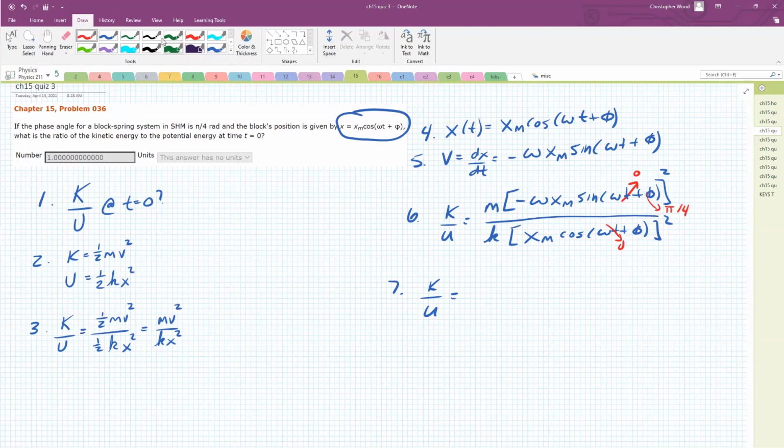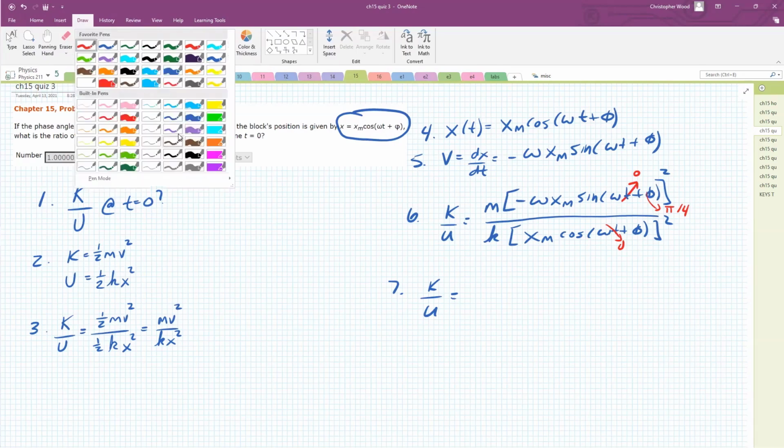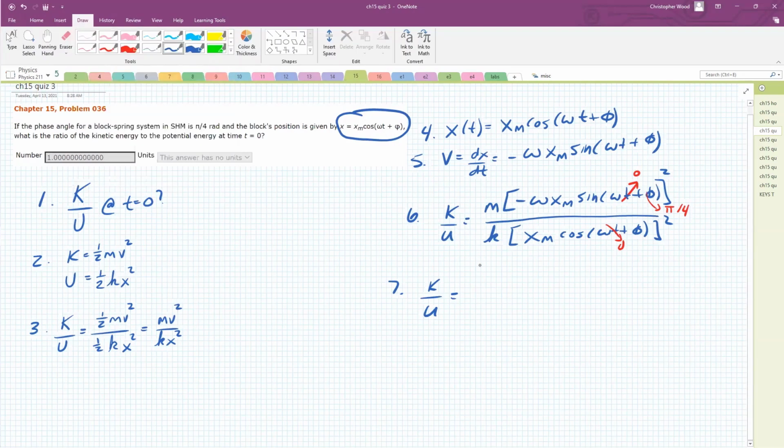So with those givens stated in the problem statement, and I'm squaring things now, my numerator is going to be mass times omega squared x sub m squared sine squared of pi over 4. My denominator is going to be k times that argument squared, x sub m squared, cosine squared of pi over 4.